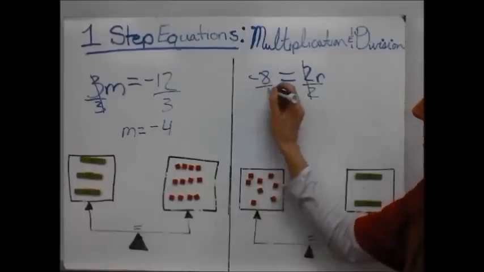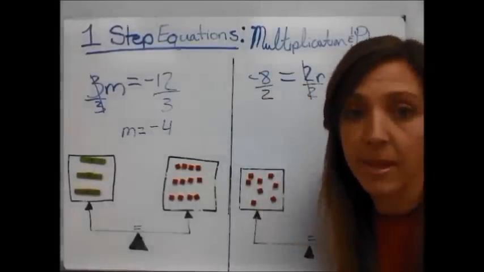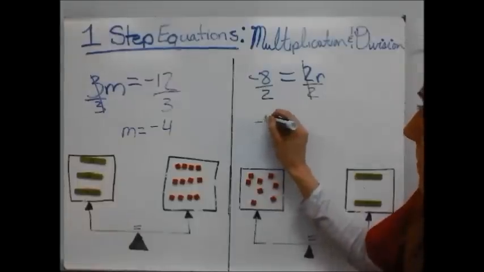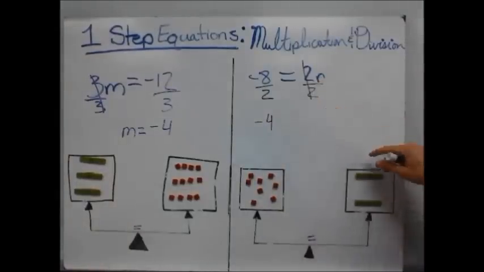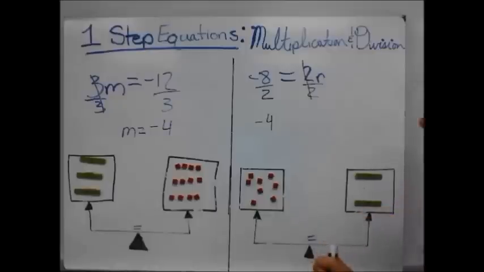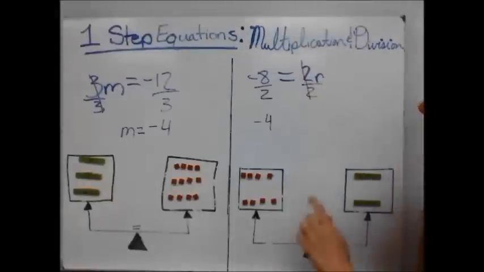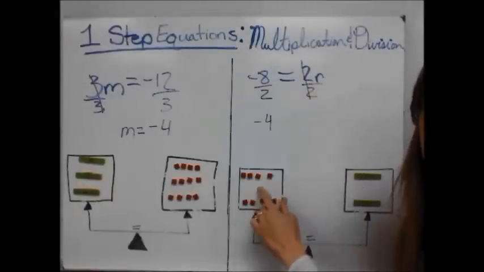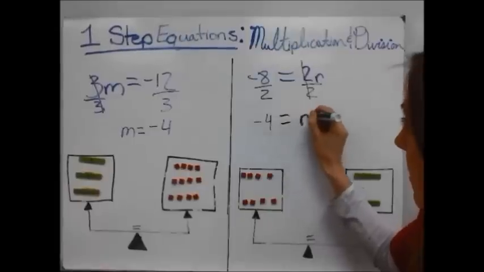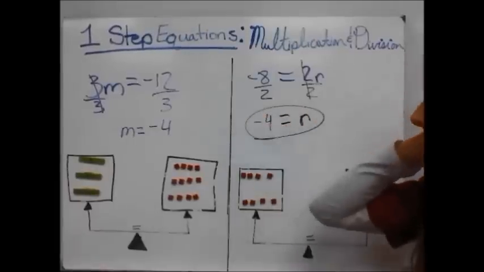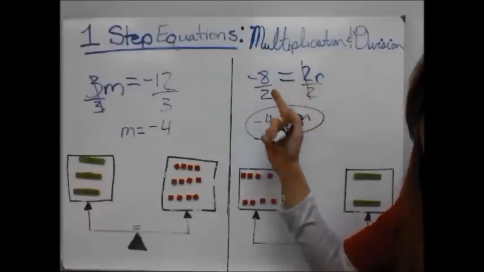And whatever I do to one side, I do to the other side. So negative 8 divided by 2 is going to give me a negative 4. I'm going to divide this by 2. So I split that into 2 groups, and then I'm going to split this into 2 groups. And I can look and see that r equals a negative 4 here on my algebra mat. And up here, r equals negative 4. If I plug negative 4 in for r, negative 4 times 2 is negative 8.